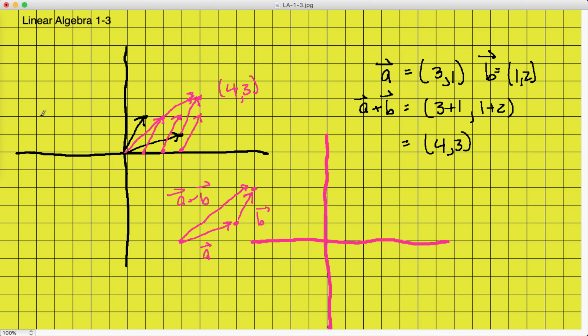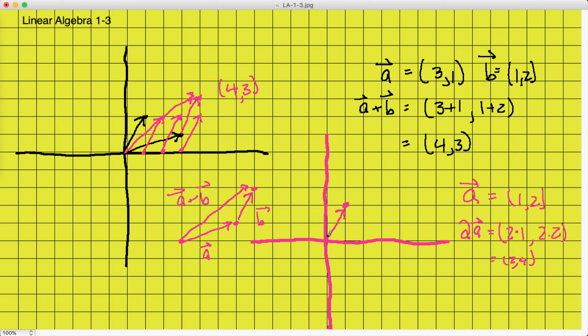I want you to consider a vector A which is equal to 1, 2. So here's the vector A. And what I'd like you to do is consider the vector 2A, which is equal to 2 times 1, 2 times 2, which is equal to 2, 4.